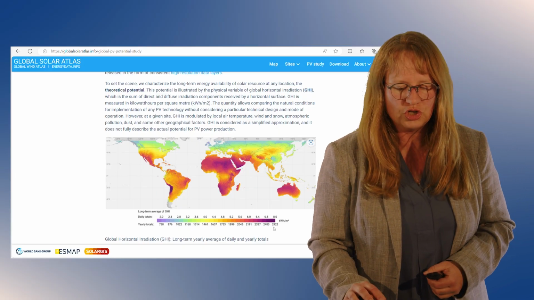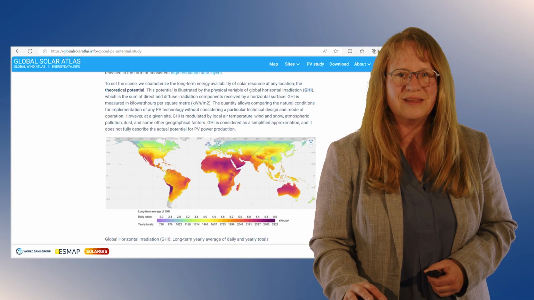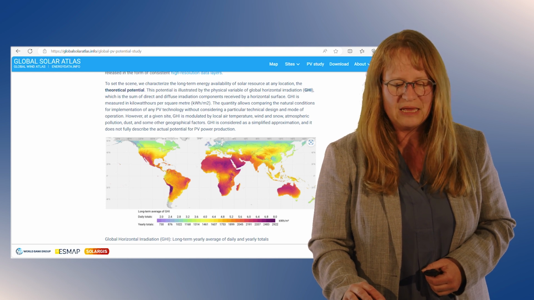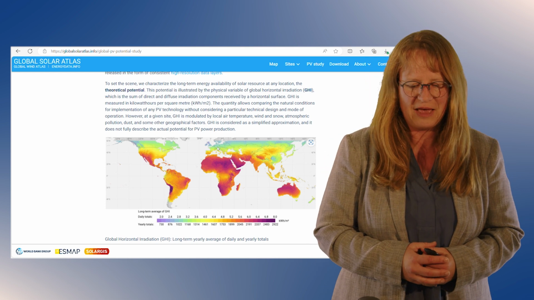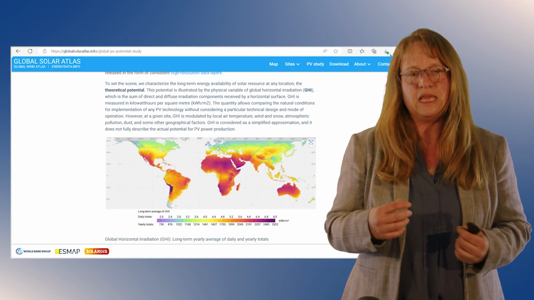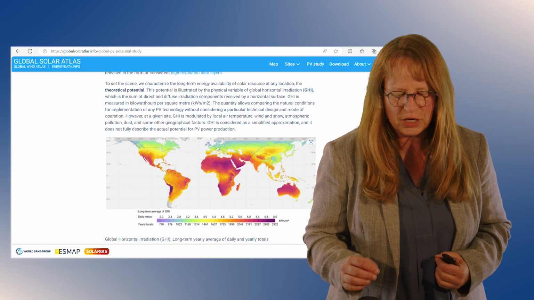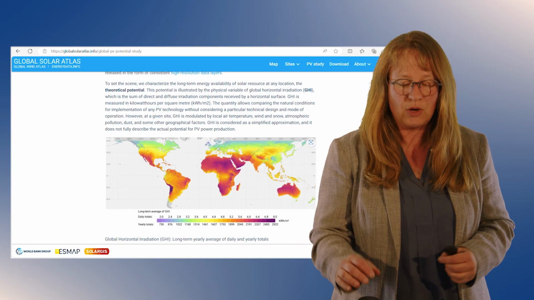If we are now in Germany, so if we are up here at Kiel University in northern Germany, then up in northern Germany here we have a value of around 3 kilowatt hours per meter squared per day on average.